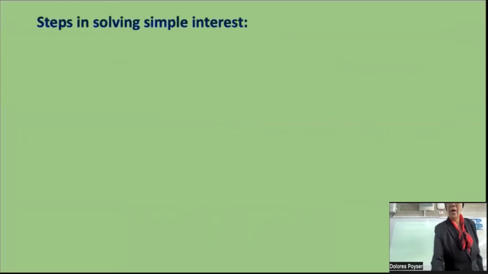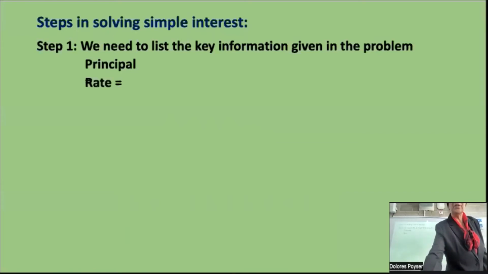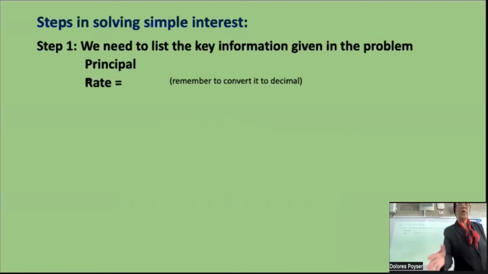So there are 5 steps that we mentioned last time in working out the interest. First one, we need to list the key information in the given problem. Okay, so we have the principal, the rate, which needs to be converted into decimal by dividing it by 100.